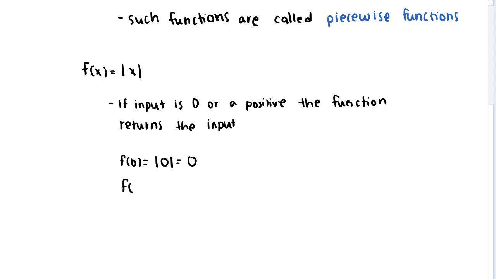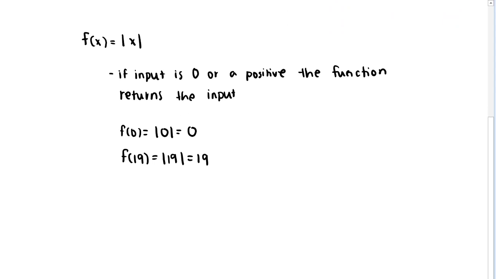And f of 19, the absolute value of 19, is just 19. 19 is 19 units away from 0 on the number line. Or you can think of taking f of 2021, and this comes out to be positive 2021.